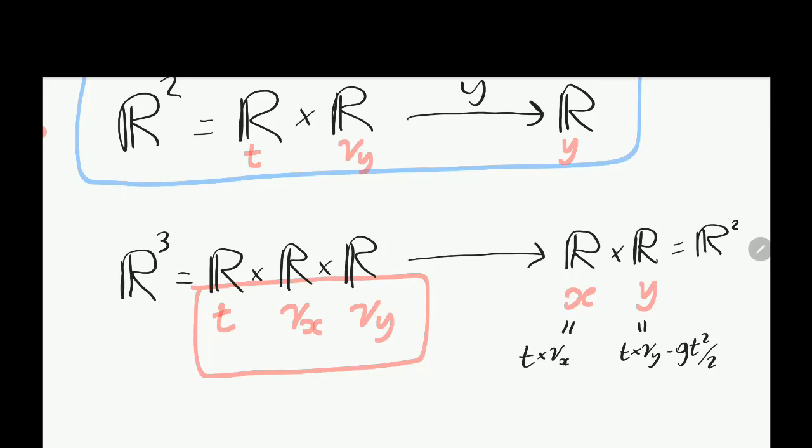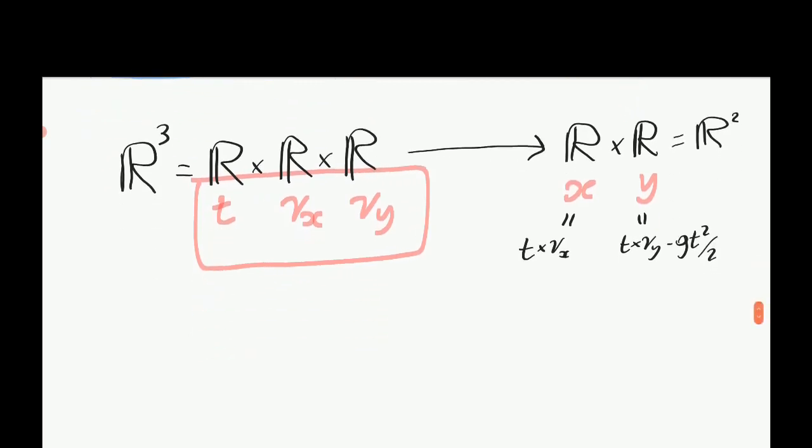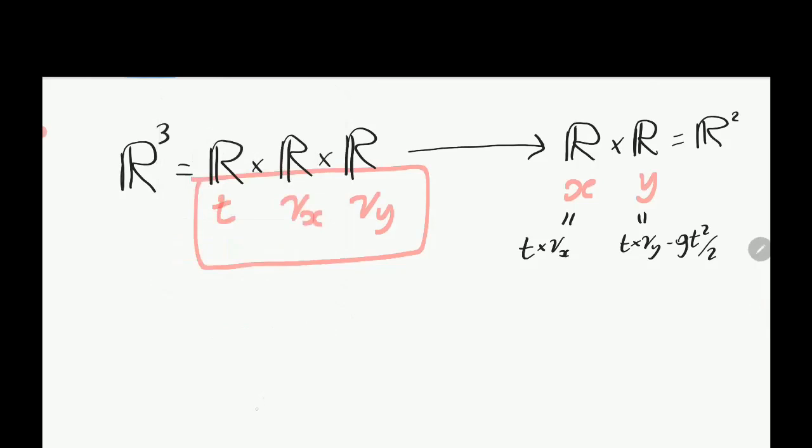But how do we visualize this situation? How do we picture what's going on? And this is where I think things start to get quite interesting. For a start, we've already seen these kinds of situations where we have two variables and we want to plot a function of those two variables.